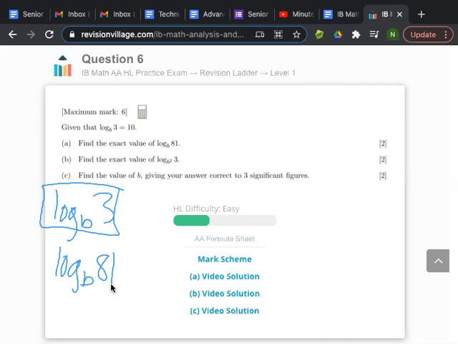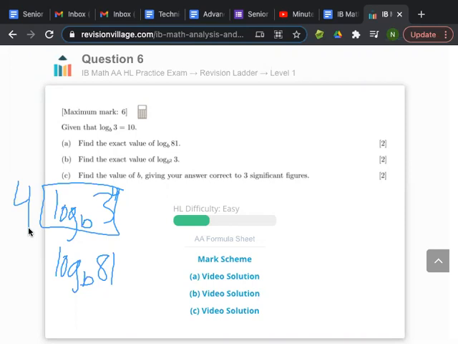How do I write the 4th power? If this is 3 to the 4th, what happens to that 4? It comes out front: 4 log b of 3. If log b of 3 is 10, then log b of 81 is 40, 4 times 10. Amazing.